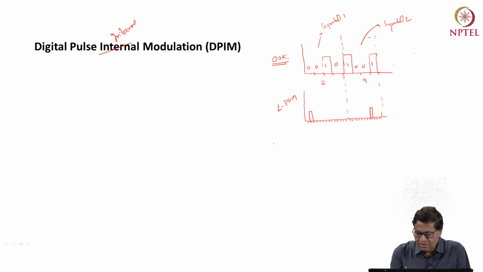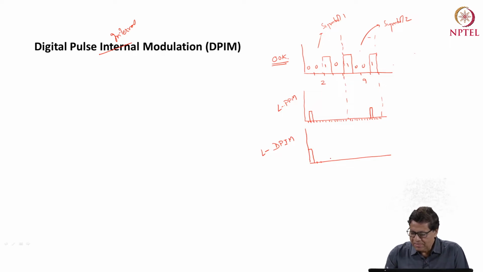And now let us try to draw DPIM, how this L-DPIM, digital pulse interval modulation, looks like. So the decimal value is 2. So first it starts with a pulse, and then after 2 slots another symbol will start, but normally you keep a guard band between the two symbols, so it will start after say 3 slots.